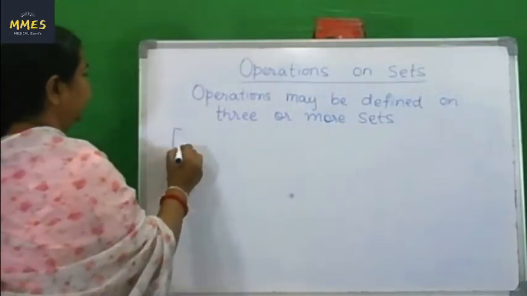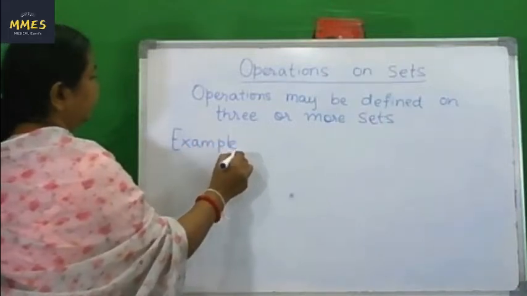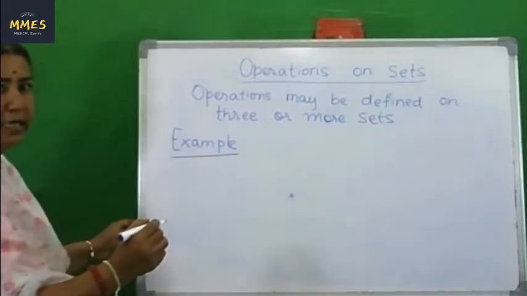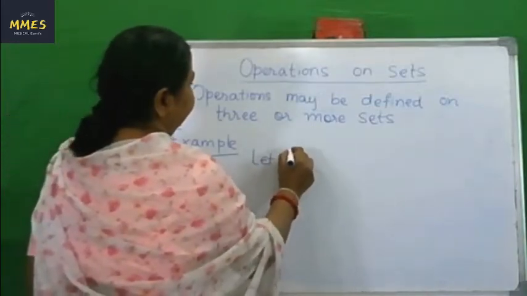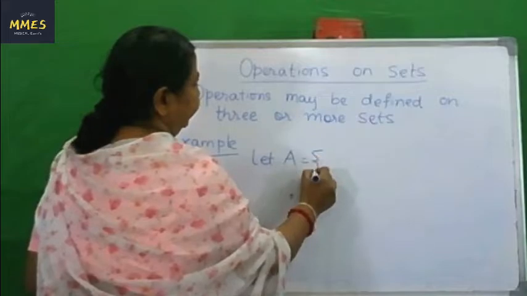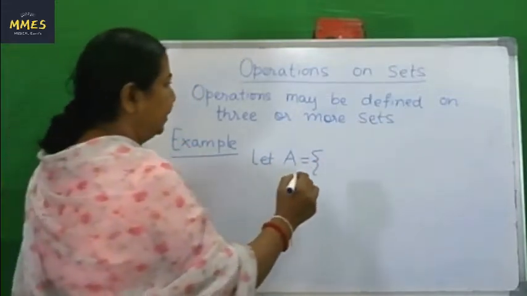Example, let A is equal to 1, 2, 3, 4, 5, 7.